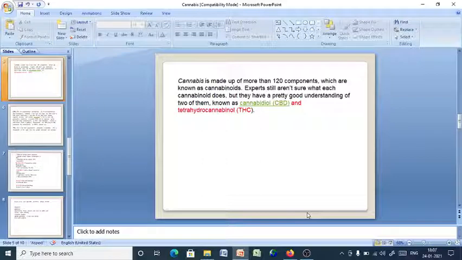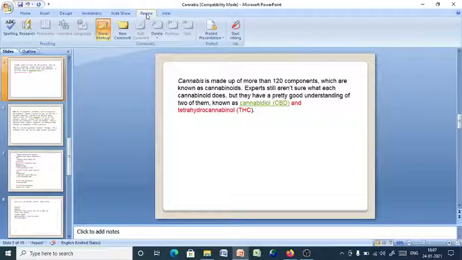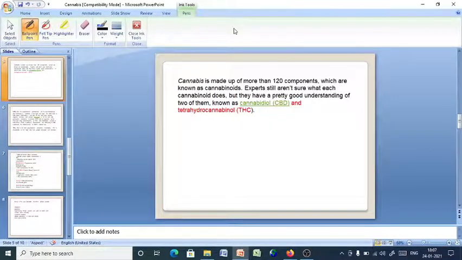Now, the most important one, cannabis is made up of more than 120 components, and each one has its own peculiarity. But initially, we have to study these two components, at least the name also.